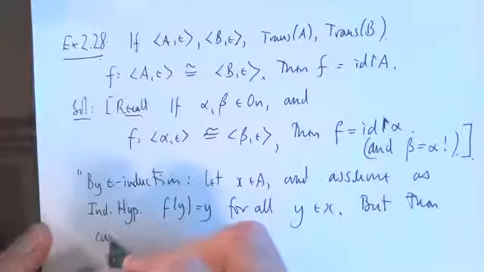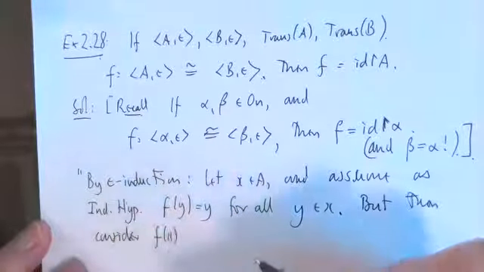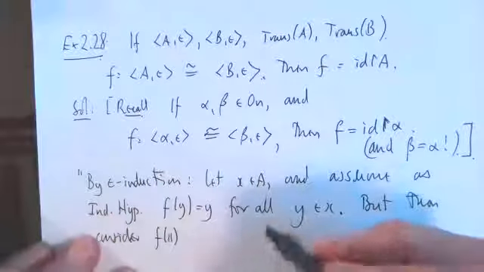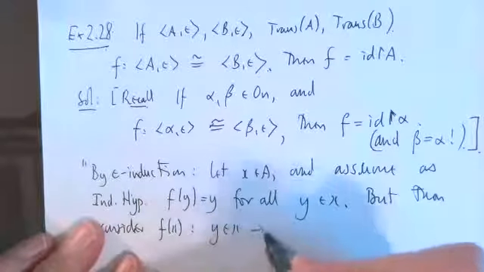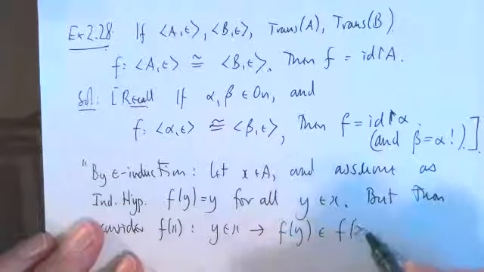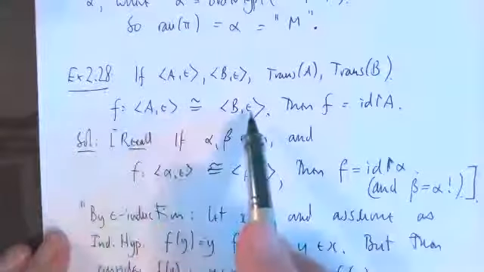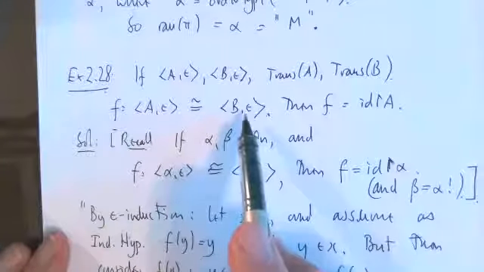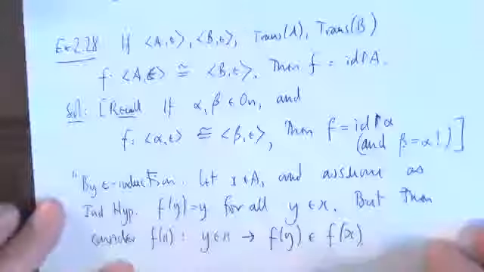So then we consider f of x. If y is a member of x, then f of y is a member of f of x, because f is an isomorphism. So it preserves the order, in this case the partial order of epsilon.